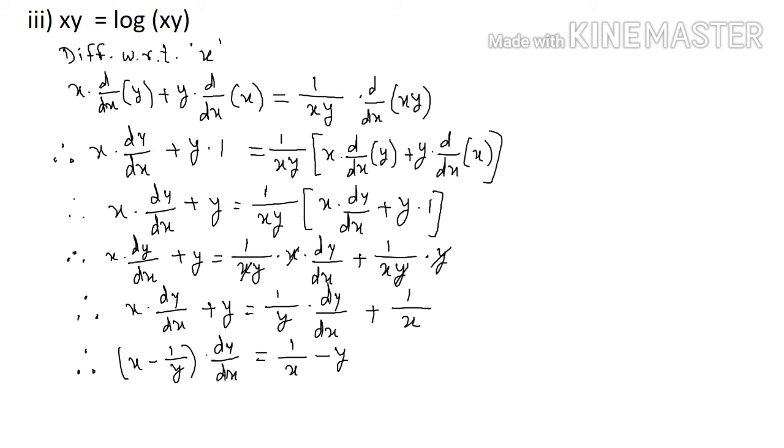So take the LCM of this. You get here xy minus 1 upon y into dy by dx is equal to 1 minus xy upon x. Right? So you get dy by dx. I'll just solve here.